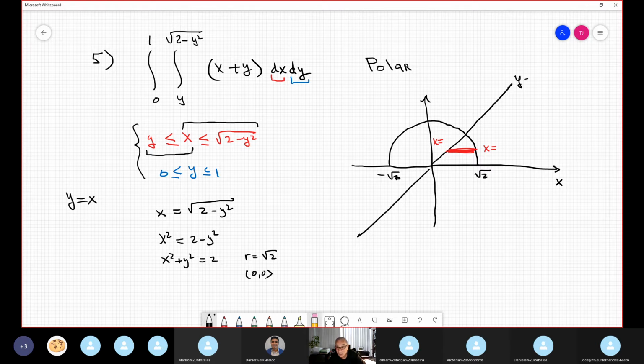The line is y equals x, so it's obvious that this x is y. And it's obvious that the upper x is the x value of the semicircle, which is square root of 2 minus y squared. And after that, y extends in this case from 0 to 1.